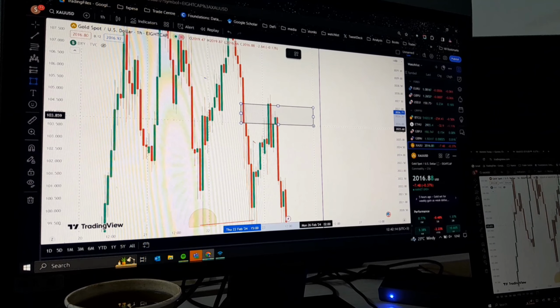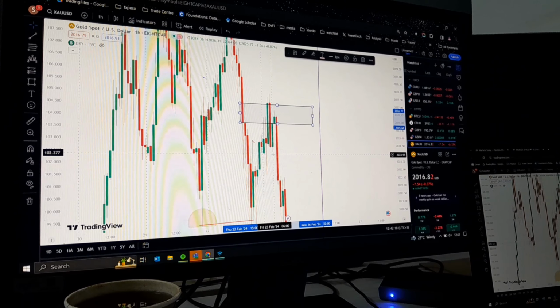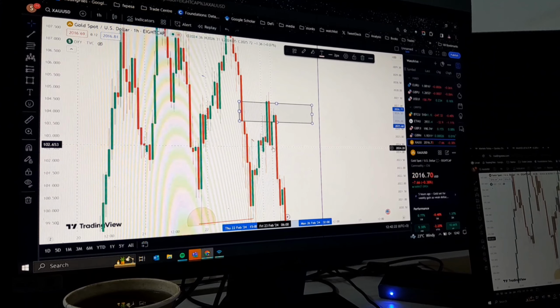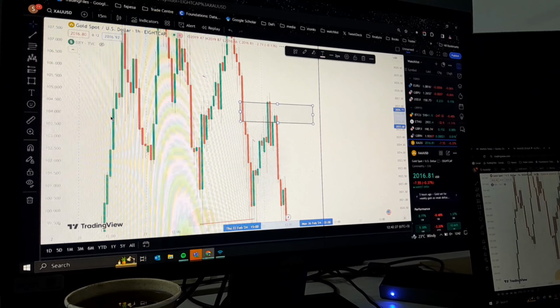Here it is. We wait for this 1 hour rejection. So at this green candle, when it's forming, that's when we are looking for our 15-minute FVG.